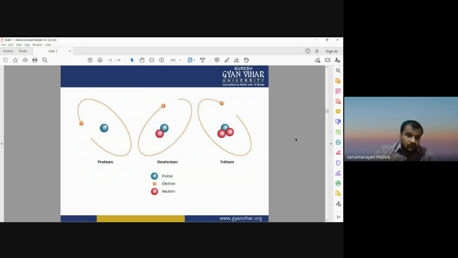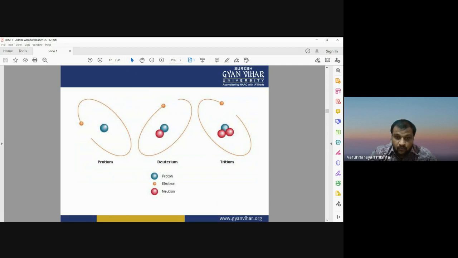Deuterium has 1 proton, 1 neutron and 1 electron. You can see in the nucleus there is 1 proton and 1 neutron, and the electron revolves around the nucleus. Electrons always revolve around the nucleus, while the nucleus of that element is stable, containing protons and neutrons.